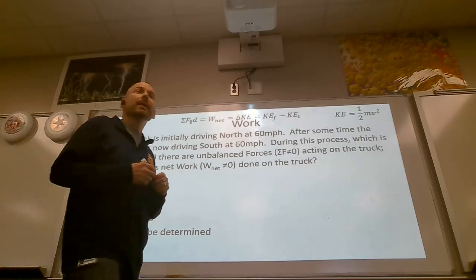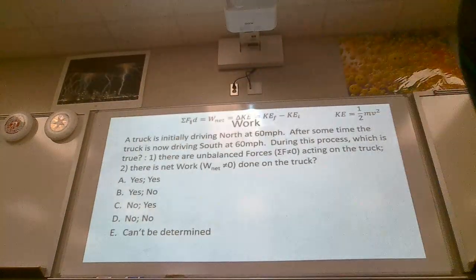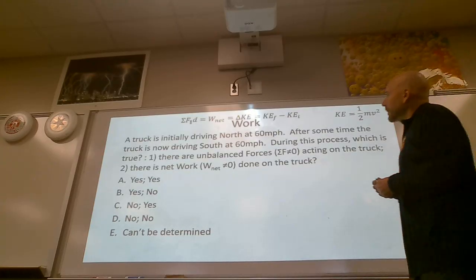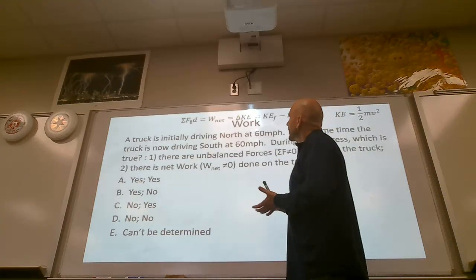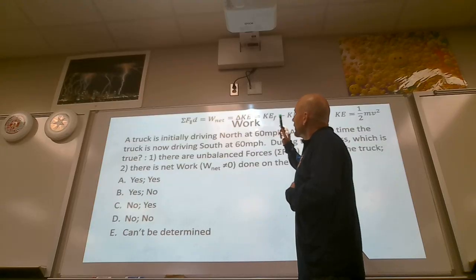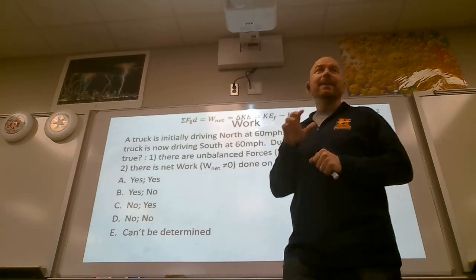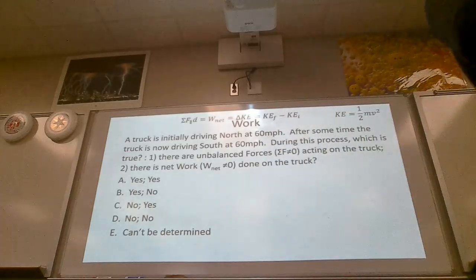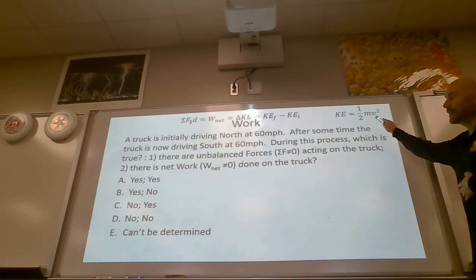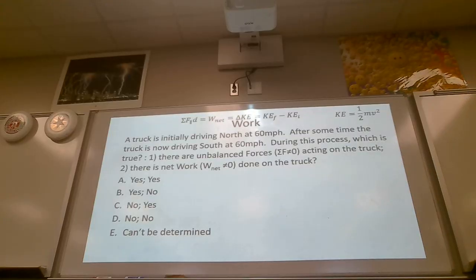Okay, now let's talk about work. The net work is, we could look at that, but I'm going to look at this. Does kinetic energy have direction? Kinetic energy does not have direction. It's 1/2 mass times speed squared. No direction.